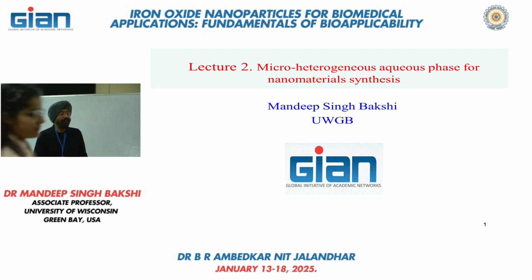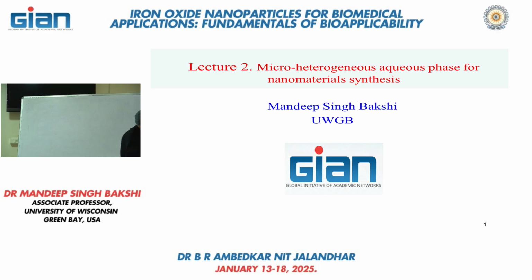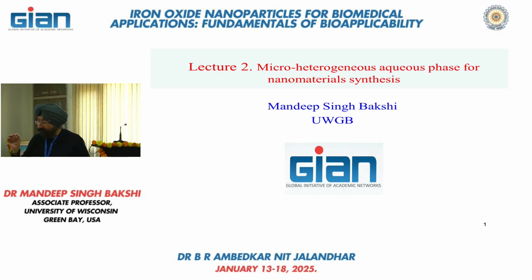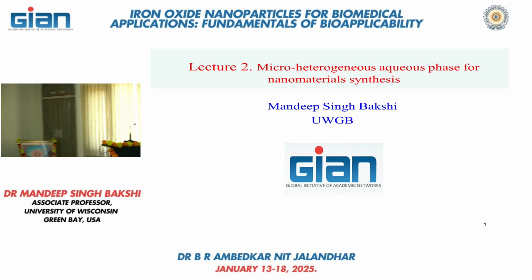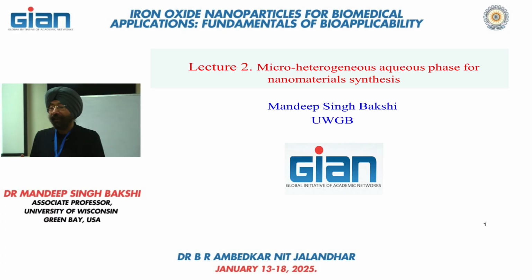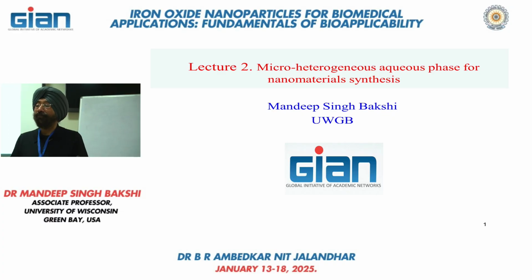Micro heterogeneous means we are dealing with the solute in terms of the dimension. Here I would say that we are dealing with the solute in terms of particles. Now when we introduce the definition of a particle, what is the dimension of the particle?